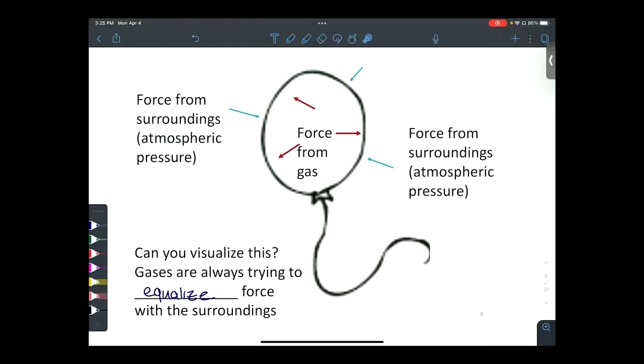The gas on the inside of the balloon wants to equalize with the force from the surroundings. This is where a lot of our gas laws come into play: we make some type of change to the surroundings of the balloon, and the balloon will have to adapt or respond to it so it can equalize that force. That's essentially our kinetic molecular theory, that whole idea, and these different observations that we see.